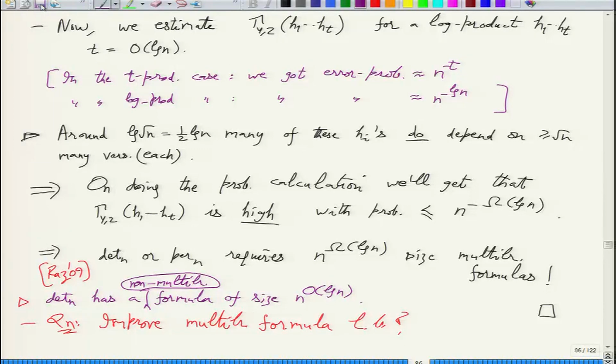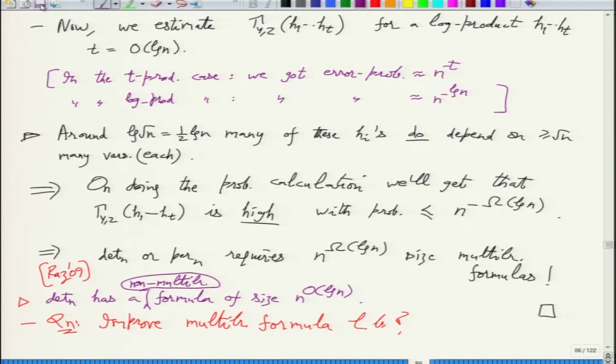So this n to the log n is not so arbitrary. There is a philosophical reason why it is coming, because this kind of non-multilinear formulas do exist, and this technique is getting stuck there even in the case of multilinear assumption.